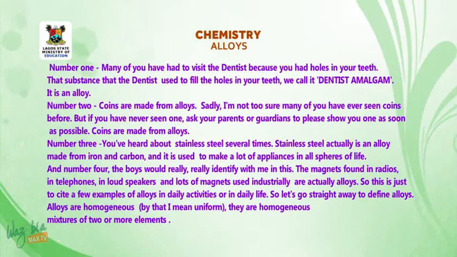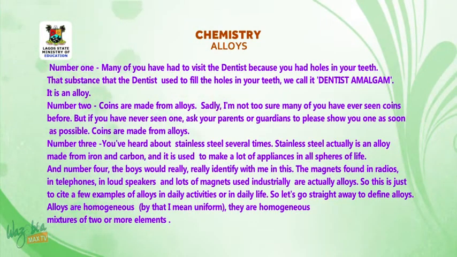And number 4, the boys would really identify with me in this. The magnets found in radios, in telephones, in loudspeakers, and lots of magnets used industrially are actually alloys. So this is just to cite a few examples of alloys in daily life.